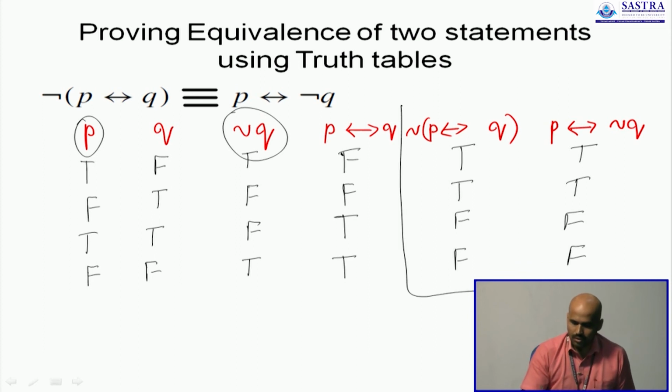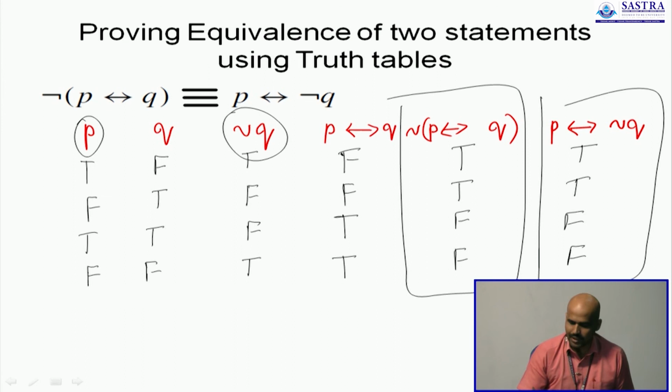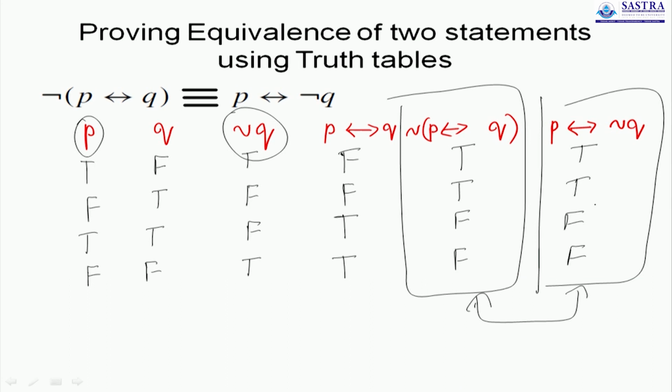Now you see that columns 4 and 5 are completely identical. They are 100% match. All four values of the input sequences have 100% match in columns 5 and 6, and therefore we can conclude that these two compound statements are in fact equivalent.